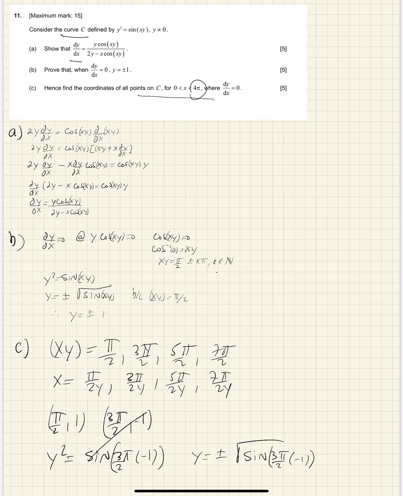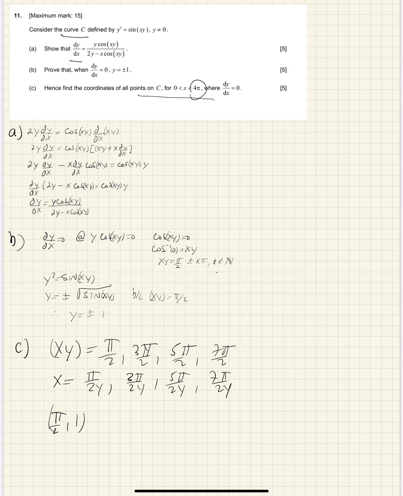Sine of minus 3 pi over 2 is what? It can work. It's 1. This is a little bit confusing. I can't quite imagine what that graph's like. We know that when dy/dx is 0, y is equal to plus or minus 1, always.